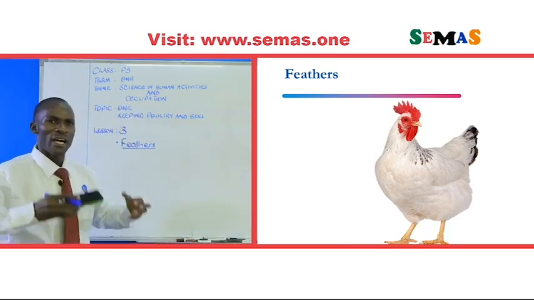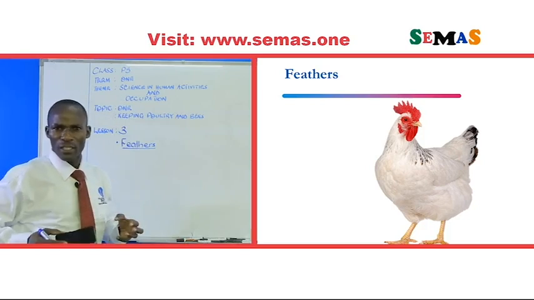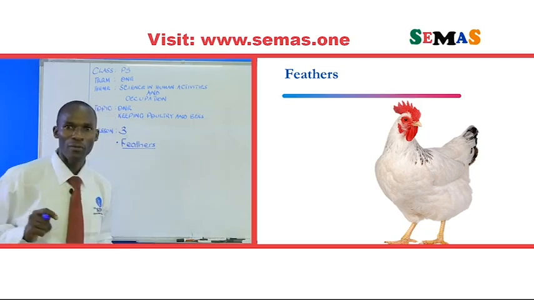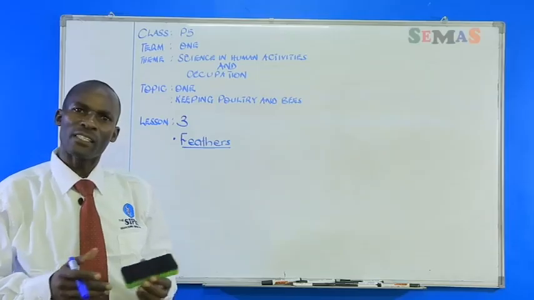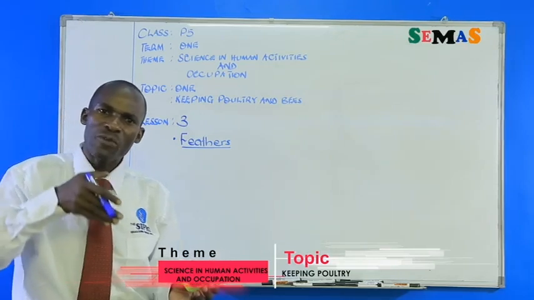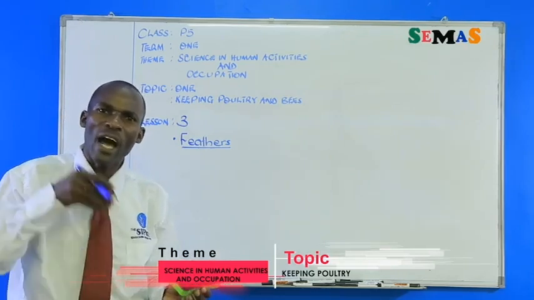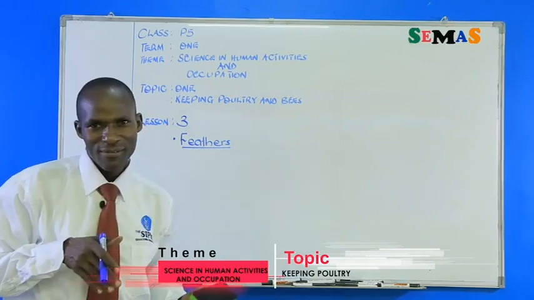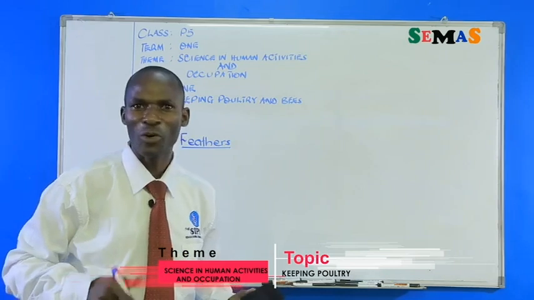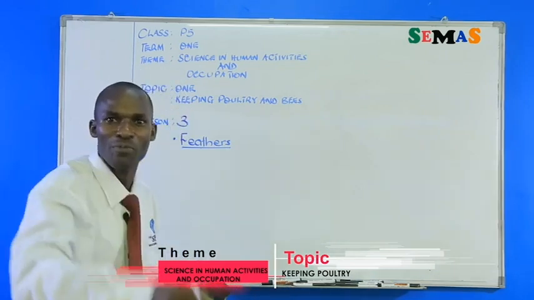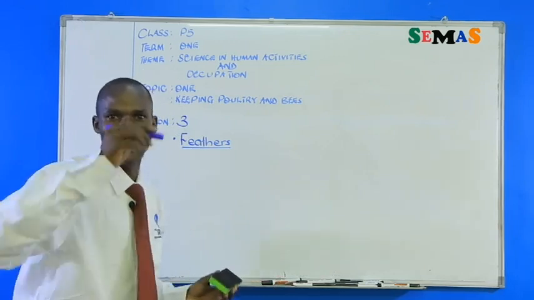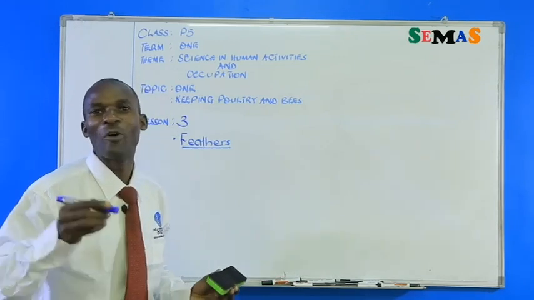We mean a coat that does not allow escape of heat from the body of this bird. For example, when it rains, they are arranged in such a way that water just runs over the surface of these feathers and does not enter inside. So they serve as waterproof. Feathers act as a waterproof jacket to the body of a bird.